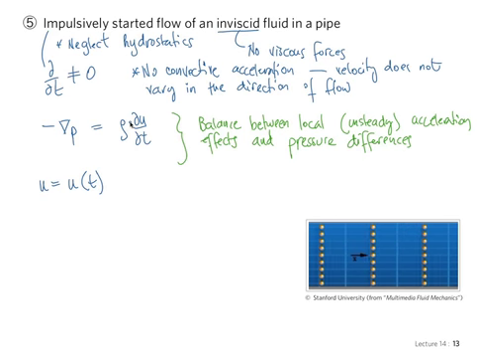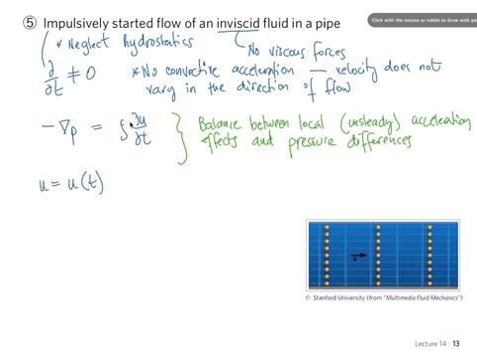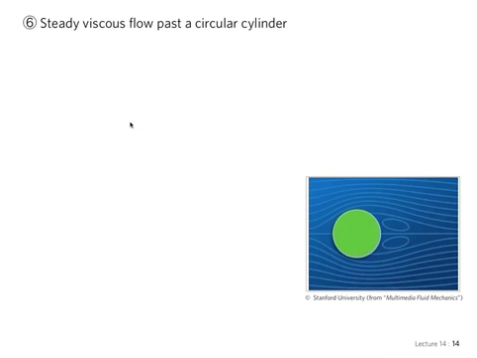So all of these are variations of the Navier-Stokes equation for simplified cases. Let's look at yet another one. Number 6, steady viscous flow past a circular cylinder. Partials with respect to time are equal to 0.